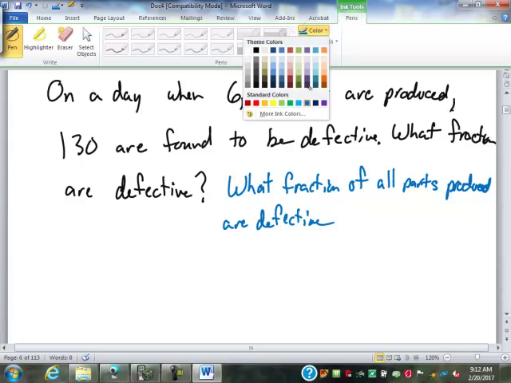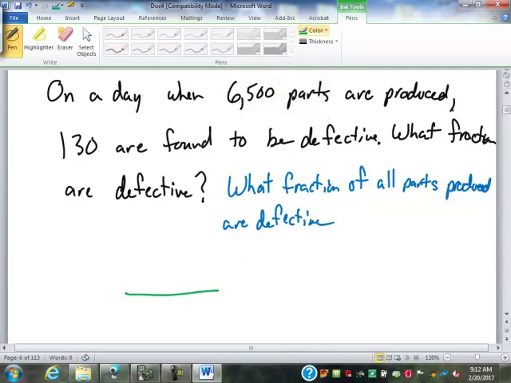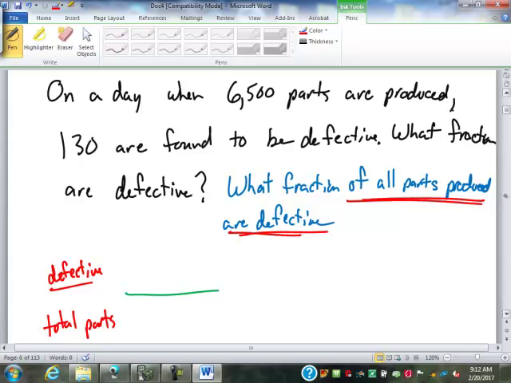Which implies that when I set up my fraction, what goes on bottom is total parts. So that means on top would be the defectives. Because we're asking what fraction are the defectives out of the total parts produced.